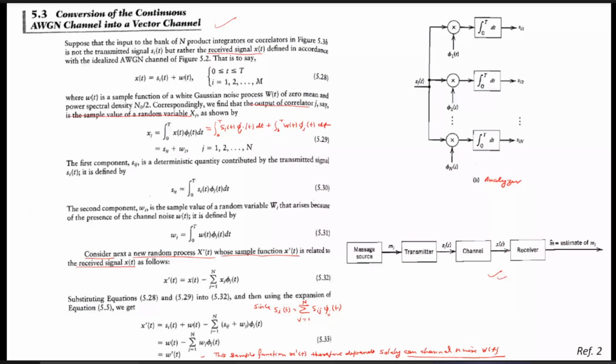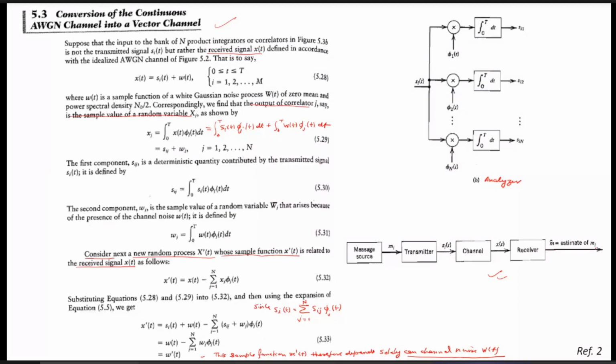If there is noise, then x(t) is s_i(t) plus w(t), the white Gaussian noise. The receiver then makes the decision in favor of m_i with the minimum probability of error. The receiver output m-hat is the estimate of m_i.